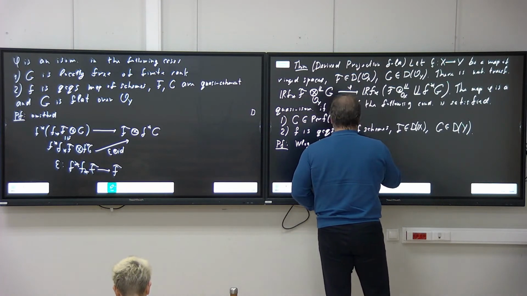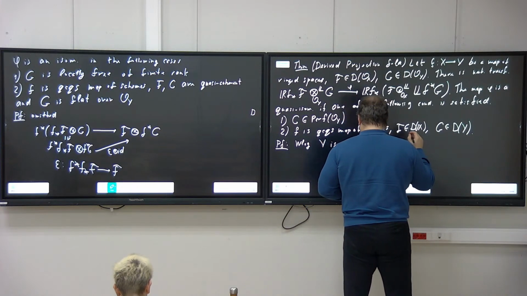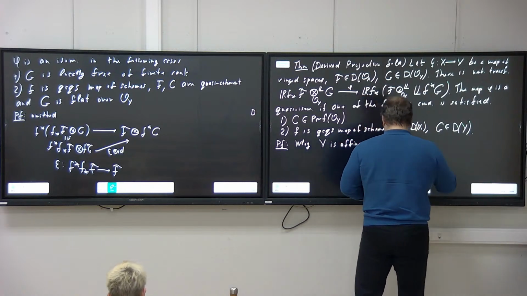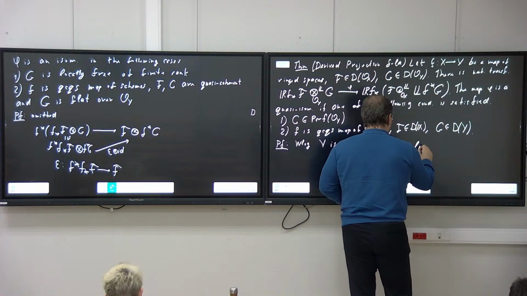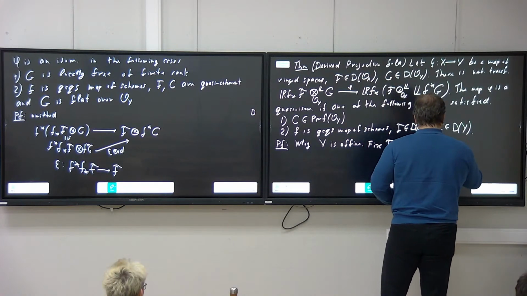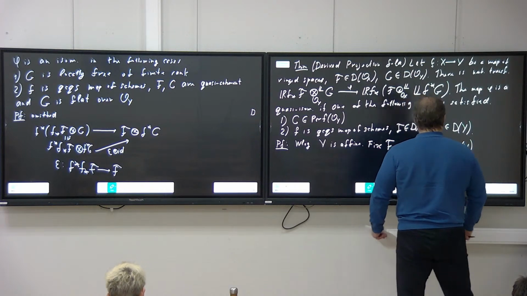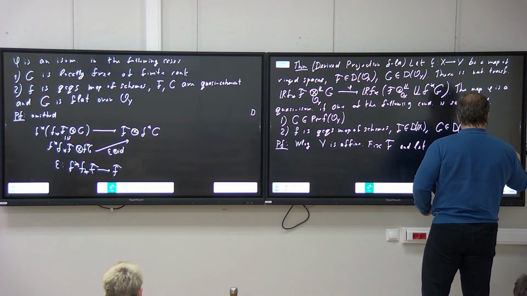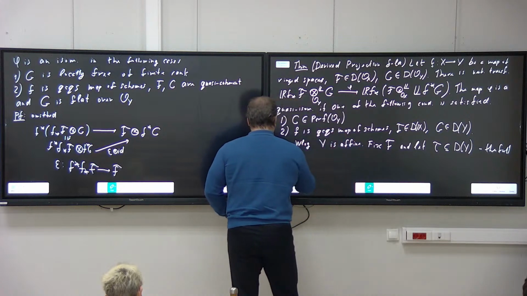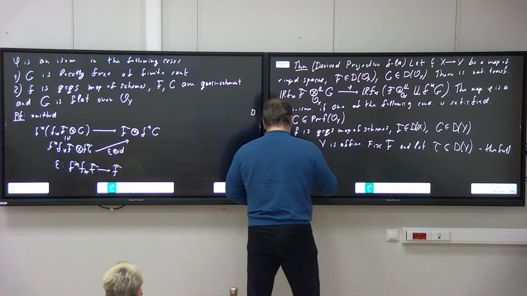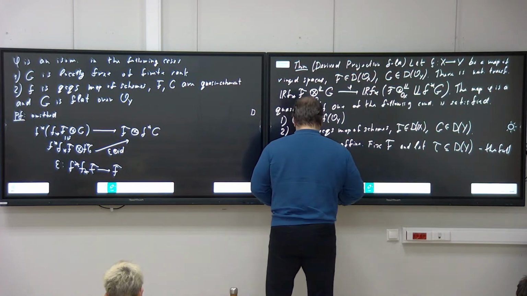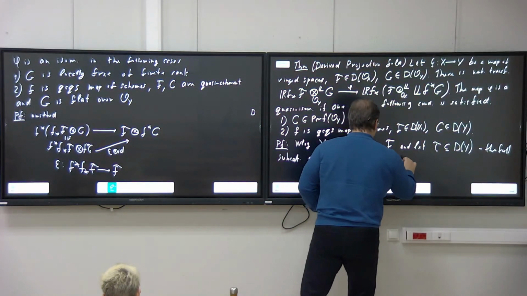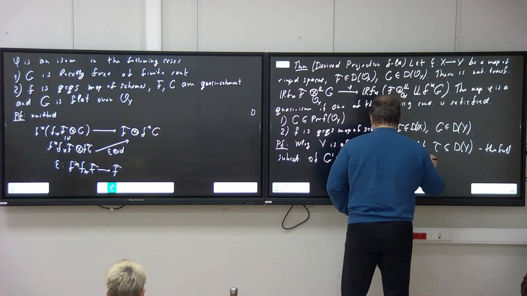So then we fix the argument F. Fix F and let T be a subcategory in D of Y, the full subcategory of objects G for which phi is an isomorphism, or quasi-isomorphism.